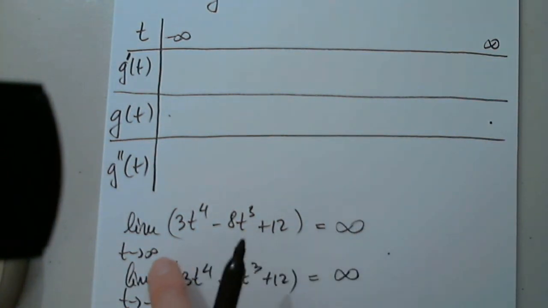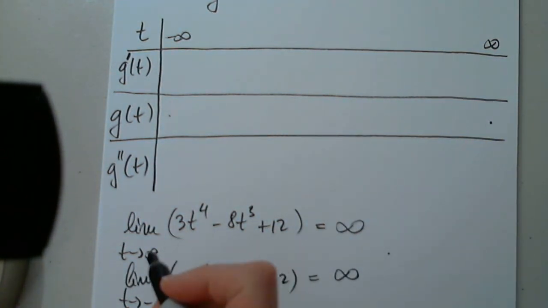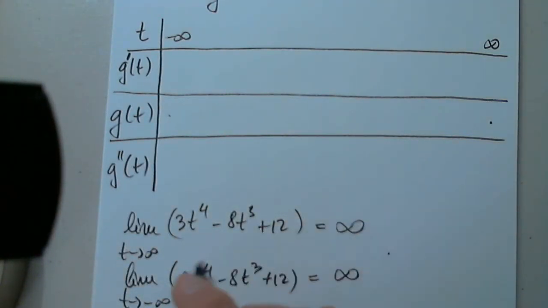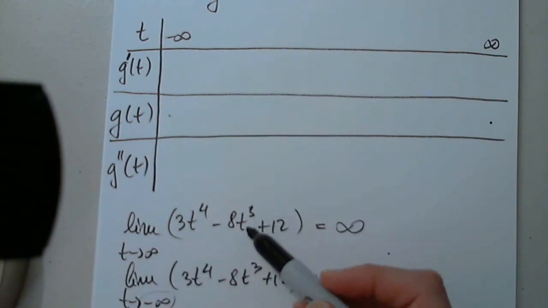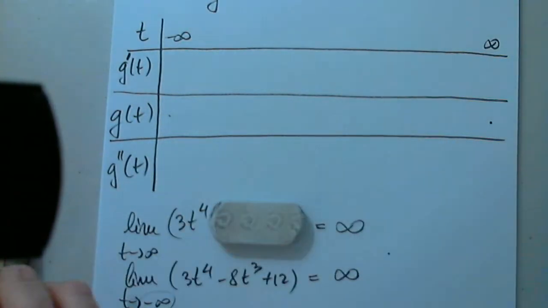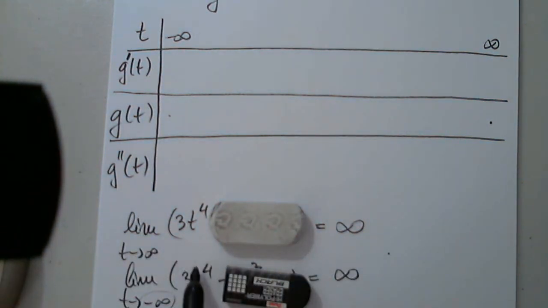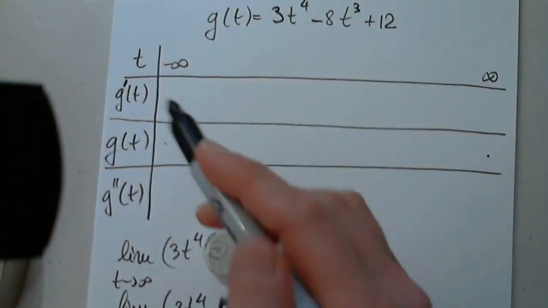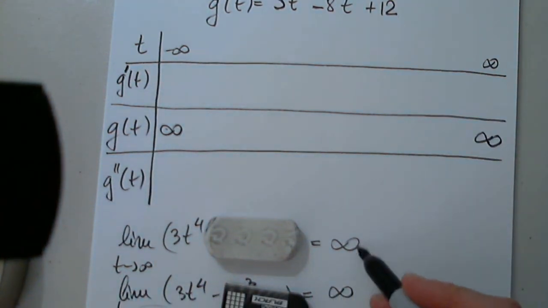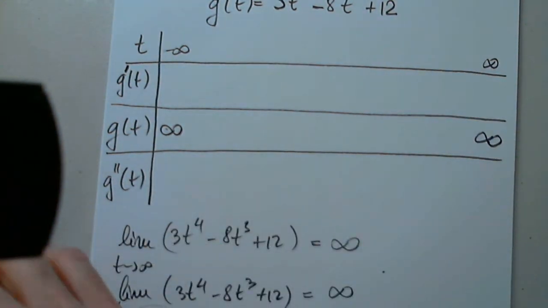So t to the third is too small. If you plug in 5, everything counts. But if we're talking about infinity or negative infinity, these two do not count. They're too small to mention. This one will dictate. So then, this is infinity and this is infinity. And of course, because these are infinities, we're not even discussing horizontal asymptotes anyway.